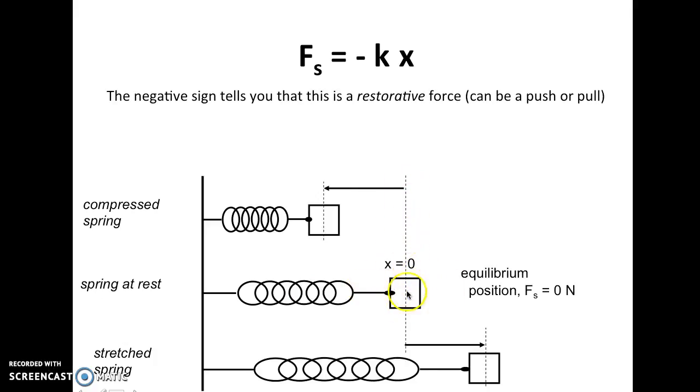So this dashed line here tells you that it is at equilibrium. So x equals 0. It's not displaced at all. And then over to the right, at the equilibrium position, the spring force is 0 newtons. So the spring is not compressed or stretched, so there's no force on it.